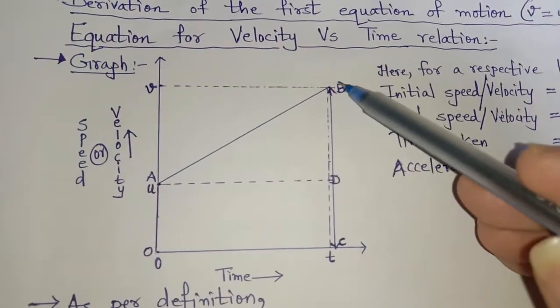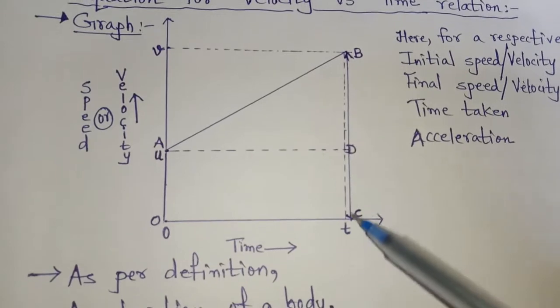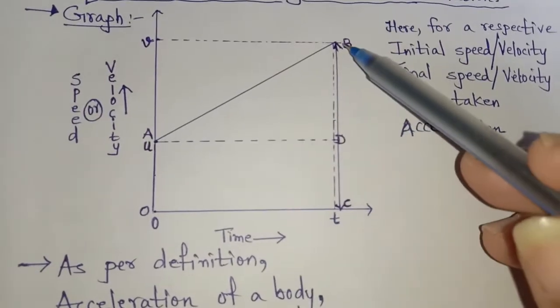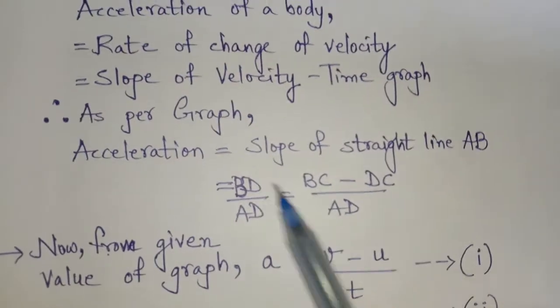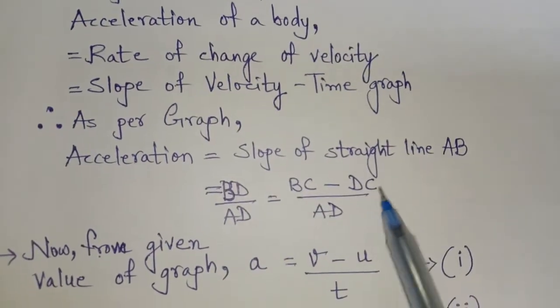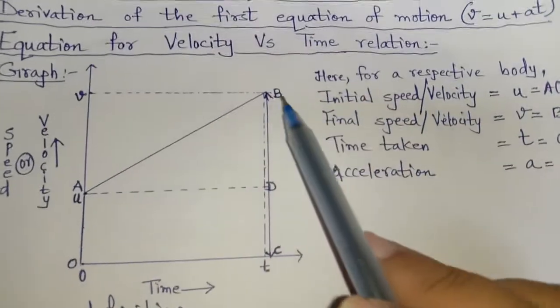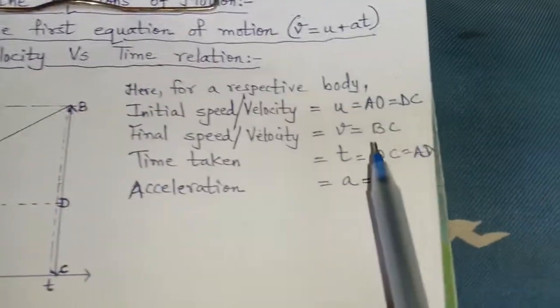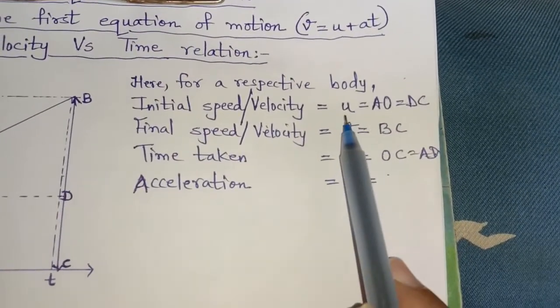Normally I don't know what BD is, but actually I know what BC is. Final velocity BC minus initial velocity DC will give me the idea about BD. So BD is equal to BC minus DC, upon AD. Now what are BC and DC? BC is v and DC is u.